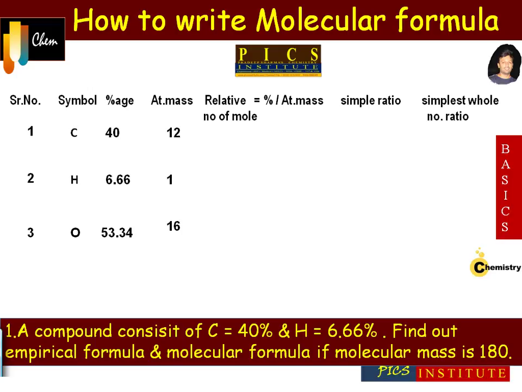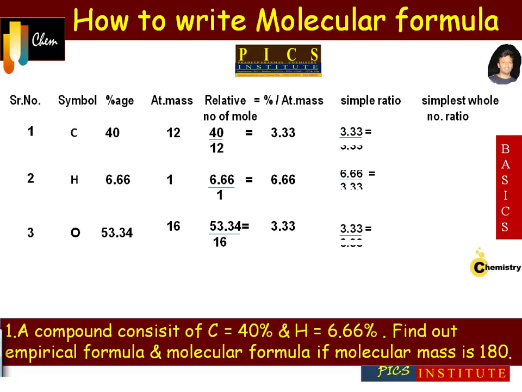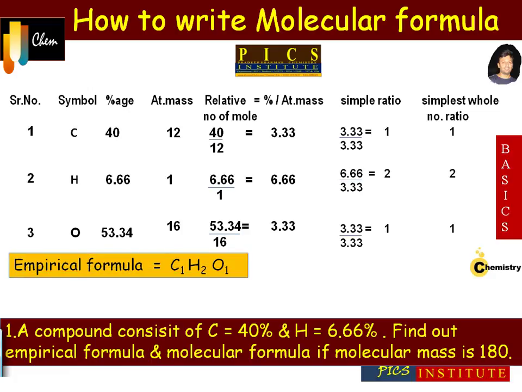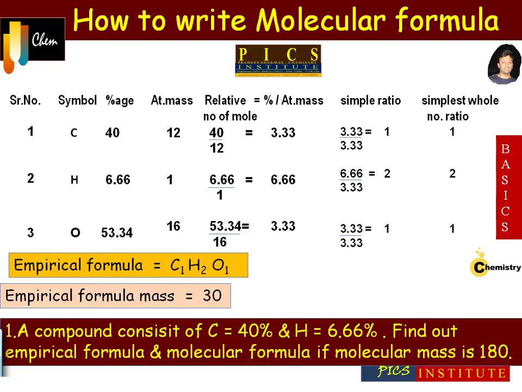Their atomic masses, relative number of moles, percentage divided by atomic masses, and simple ratio, divide from the lowest value, and the simple ratio is 1 to 1. Simplest whole number ratio will be the same. So empirical formula will be C1H2O1 and empirical formula mass is 30.